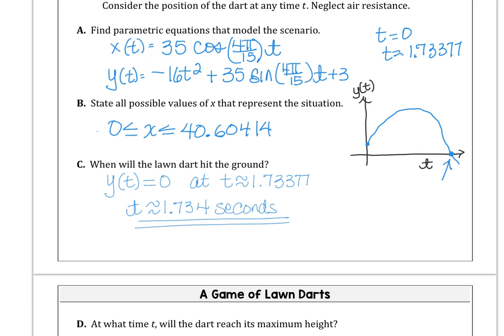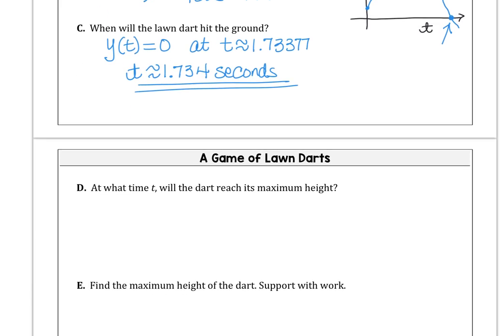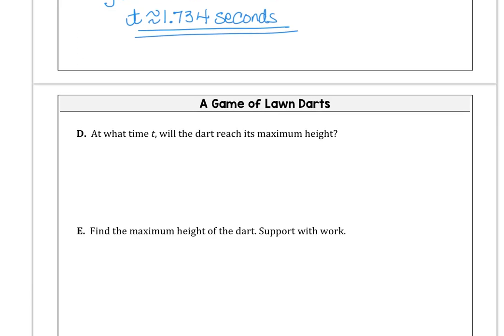And then for part D, at what time, t, will the dart reach its maximum height? Again, I'm going back to the equation t equals opposite b over 2a to find the t coordinate for our vertex, and that's going to be negative 35 sine 4 pi over 15 divided by negative 32, and that's going to be 0.8128.